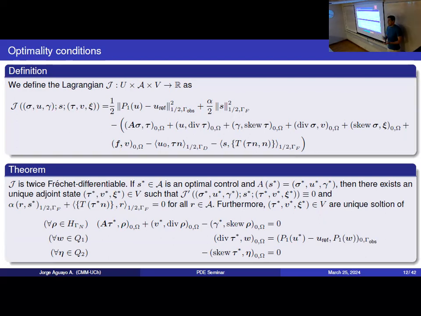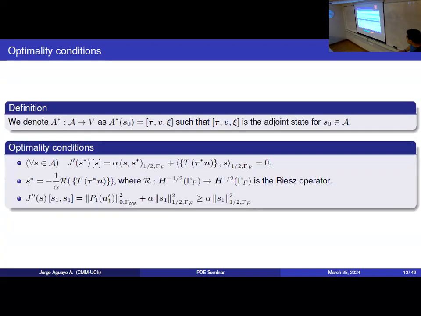In this case, the derivative of J must be equal to 0, the first order optimality condition, and for the second one, the second derivative of J must be elliptic in some sense.